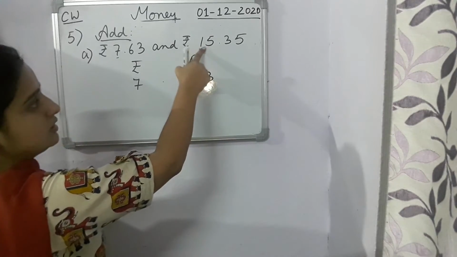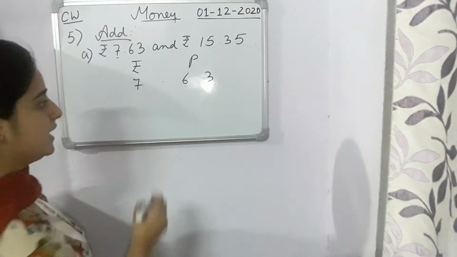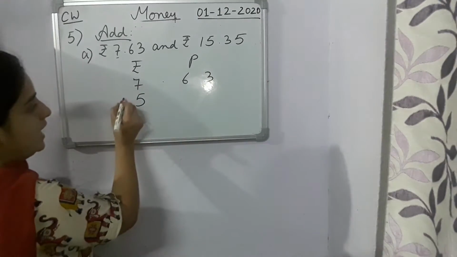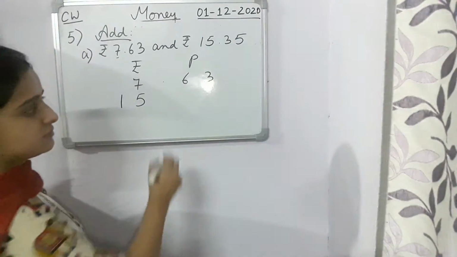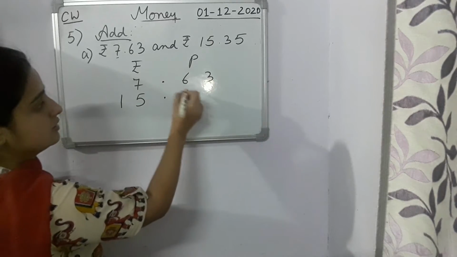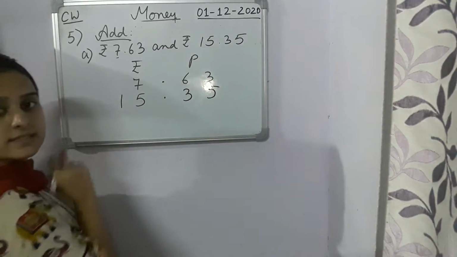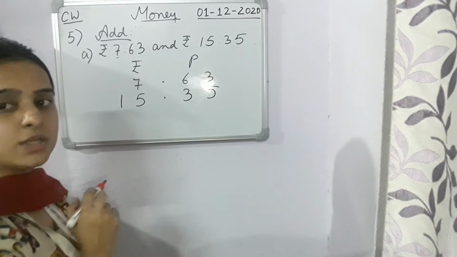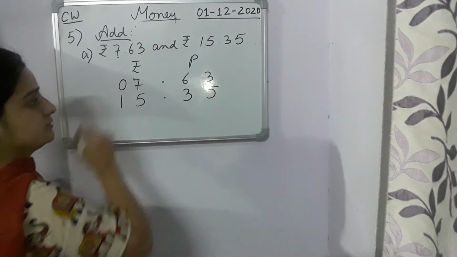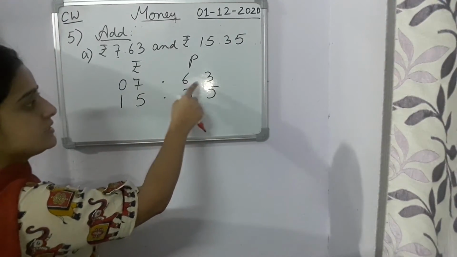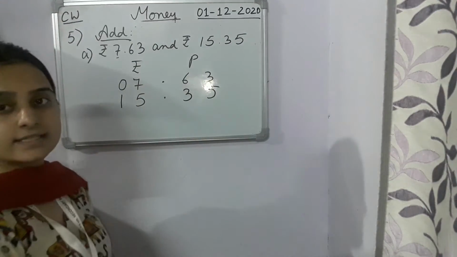Then next is what? 15.35. That is 5 comes below 7 and 1 comes here. Dot 35. Now children, this space is blank, right? So we can put 0 here. Clear? So this is 7.63, that is 7 rupees and 63 paisa.